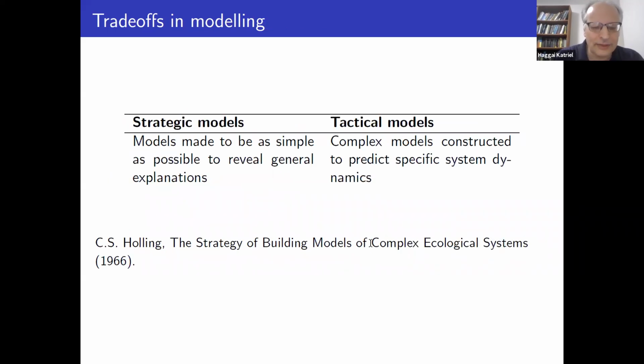Since there are different purposes, we also need different types of models, and there's this distinction, which I think is useful, made by the famous ecologist Waning, between strategic models, which are aimed to be as simple as possible, just to capture the essential mechanisms, even if they distort reality in many ways, and what he called tactical models, which are complex.